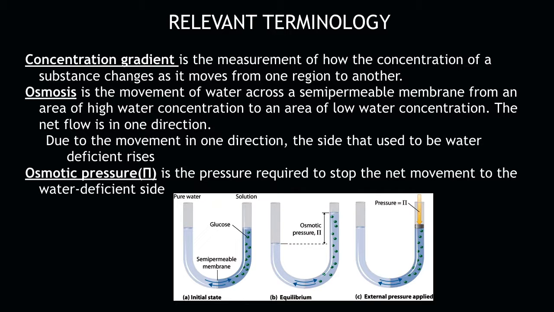Since there's a lot more glucose on the right side, to balance that out the water will move to the right, which causes the water on the right side to rise. When external pressure is applied, as shown in C, the two will balance out, which will eventually create an equilibrium.